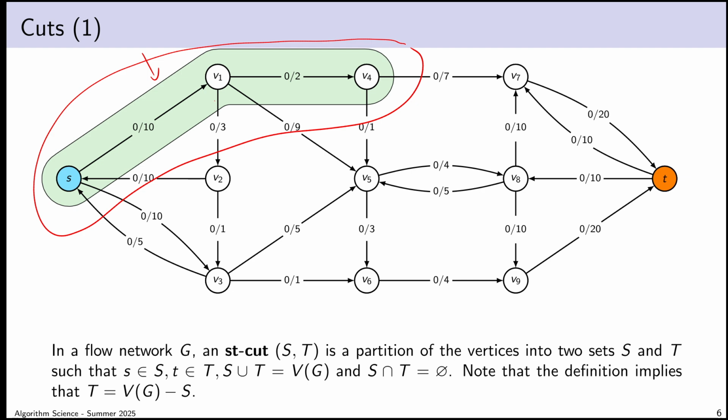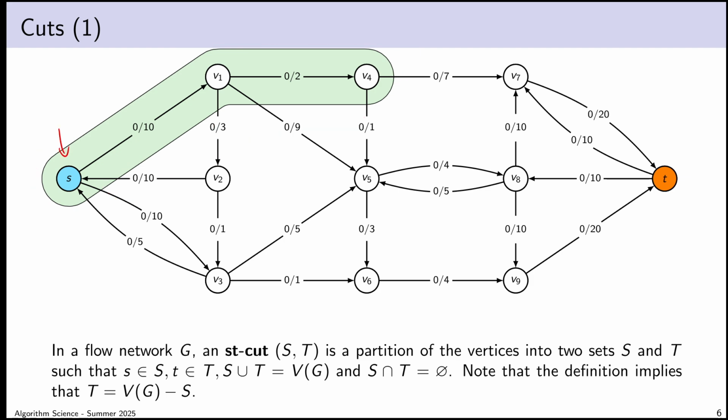And we also noticed that if we looked at all the bridges leaving that cluster, all of them were saturated. And I made the observation that if all of those bridges are saturated, literally any flow that I could ever plan to route from vertex S would need to cross one of those bridges. Those are the only ways to get from S all the way to T. And if all the bridges are saturated, well then I guess there's literally no way I could ever push any more flow through the graph.